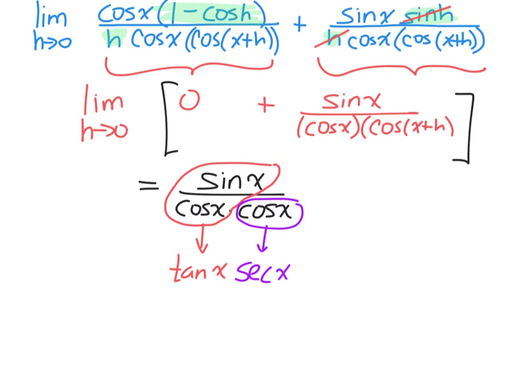All right. And this actually is the derivative, or the more popular way of writing the derivative. It's just for some reason they like to put the secant first. So we say secant times tangent.